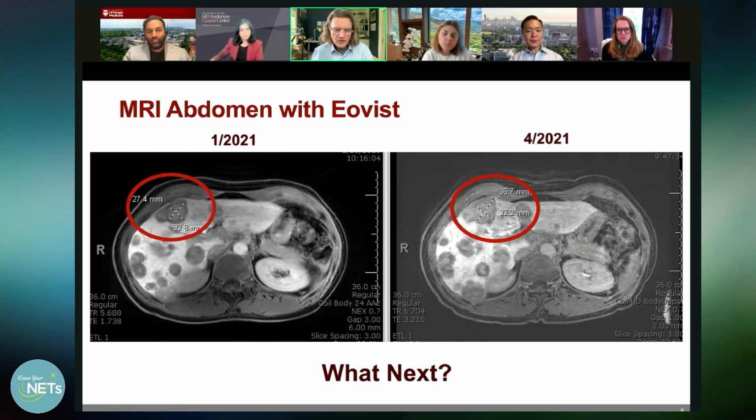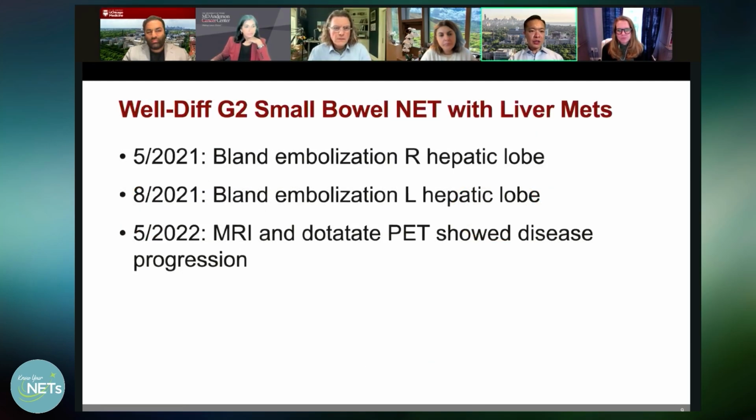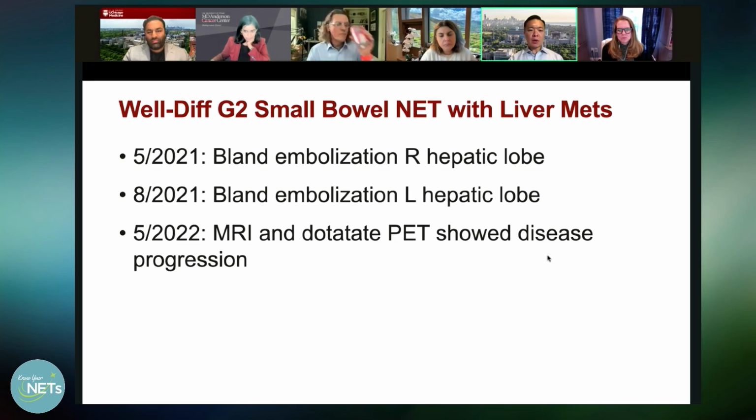We have evidence from NETTER-1, we have retrospective data from the Netherlands. So I think this would be the time where I would really start thinking of radioligand therapy. Personally, that's where I would go next. So that's indeed what we did for this patient. She had bland embolization, one lobe at a time. And then 9 months later, her MRI and DOTATATE PET scan showed disease progression.